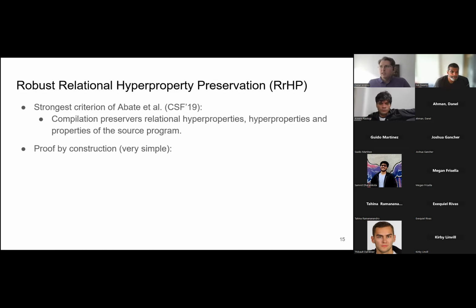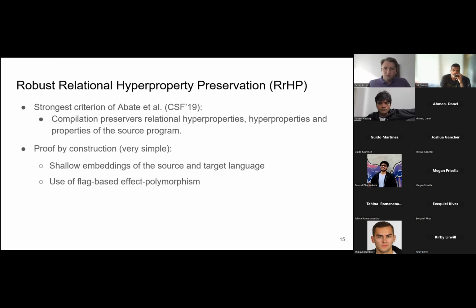And what's interesting in our work is that the proof is by construction, and it's actually very simple for RrHP. This is because our source and target languages are shallow embedded in F*. And we use, as I said, a variant of effect polymorphism, which we call flag-based effect polymorphism.